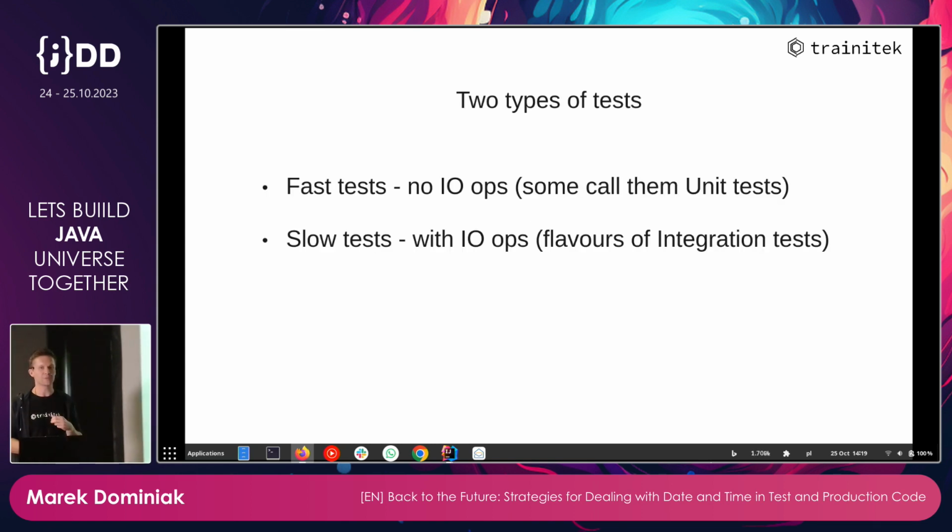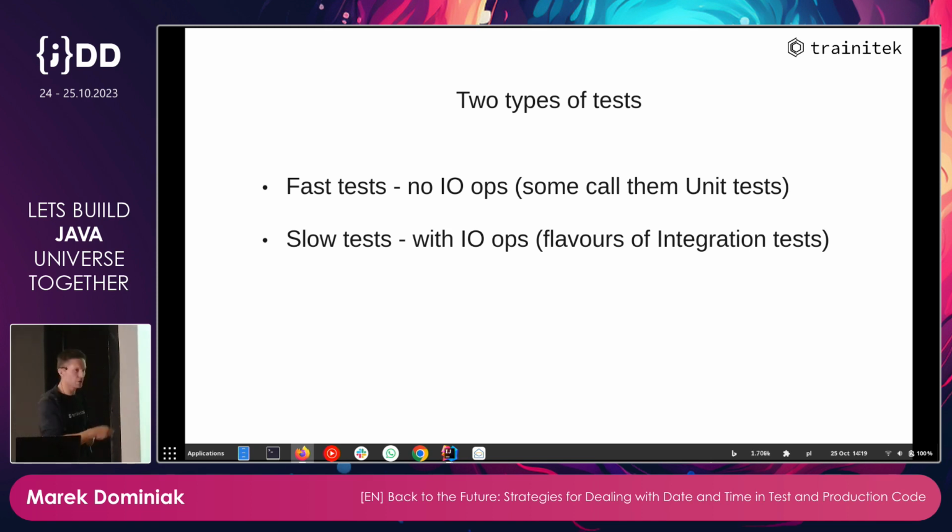So we will have two types of tests. I'm the kind of person that likes to discuss different definitions. So it's not very strange for me to spend 3 hours discussing the difference between unit, integration test, and different kinds of categorization of tests. For the sake of this presentation, we don't have so much time. We just say, we have fast tests.